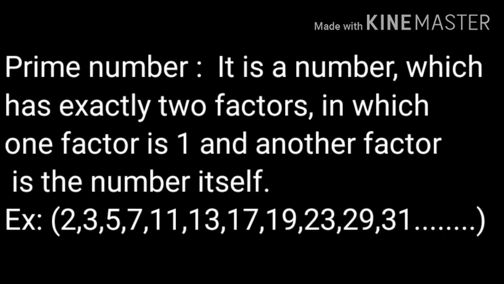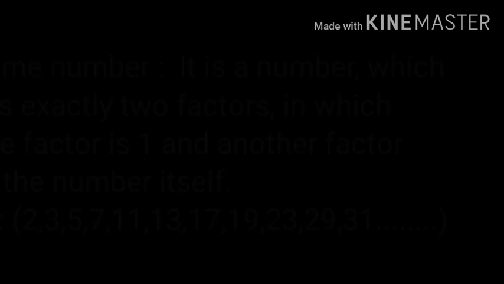Let us recapitulate about the prime number. It is a number which has exactly two factors, in which one factor is 1 and another factor is the number itself. Example 2, 3, 5, etc. 2 is the only even prime number, and it is the first and smallest prime number.